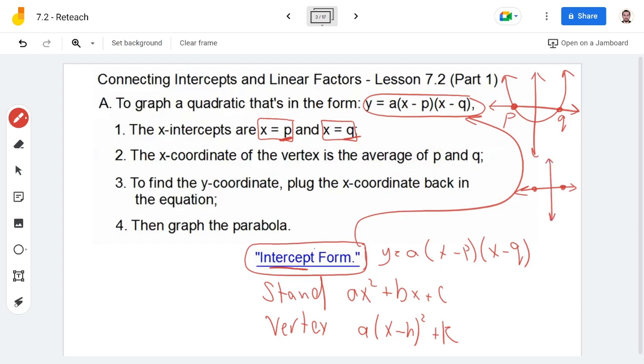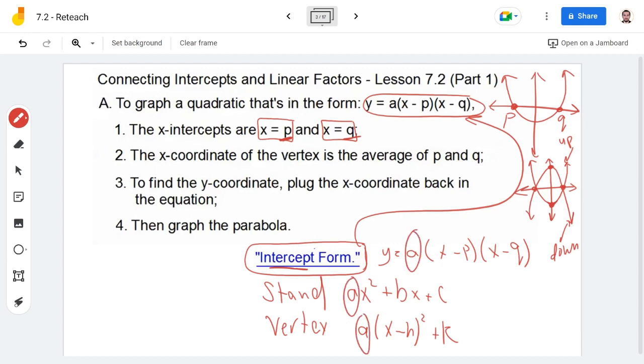Now I need to find only one more point, which is the vertex. Sometimes the vertex is here, so my graph will look like this; if my vertex is here, my graph will go like this. Who controls whether it's upward or downward? The one who controls it is a.